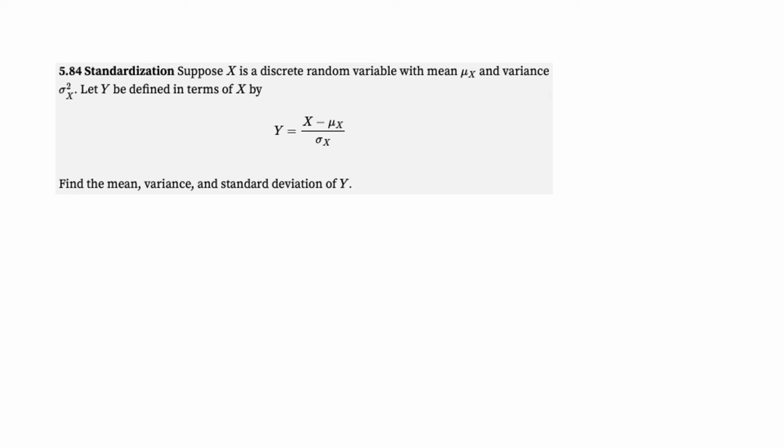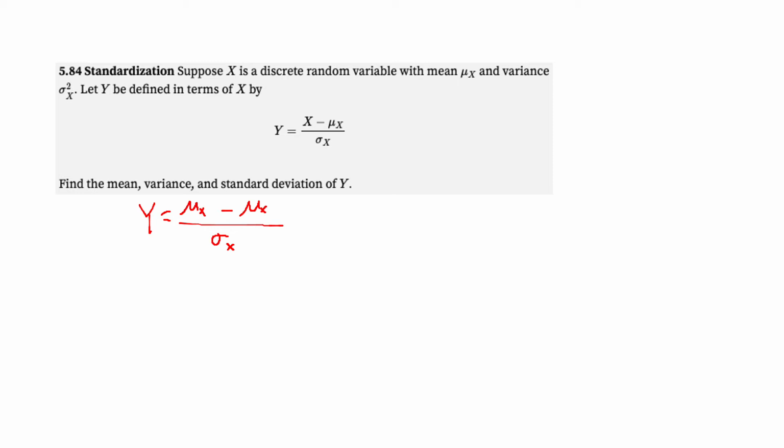Now, the way that we're going to solve this is to sub in some values of X that we know about to see what they would be transformed to in terms of Y. Okay, so the first one we're going to do is sub the mean of X in for X. So Y is equal to the mean of X minus the mean of X, divided by the standard deviation of X. Now, a lot of these formulas look very simple because this is the act of standardization, and it results in very simple outcomes.